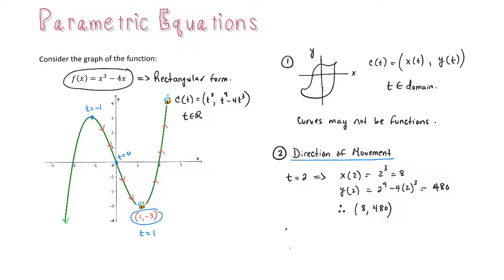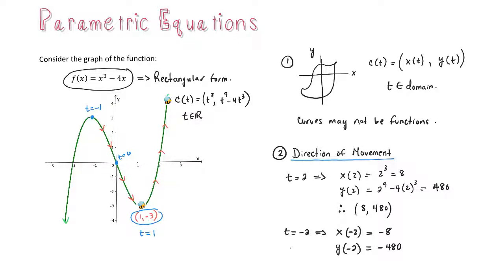So when t is equal to -2, x of -2 will be equal to -8. Please remember that I am using the parametric representation of the curve. And y of -2 will be equal to -480.